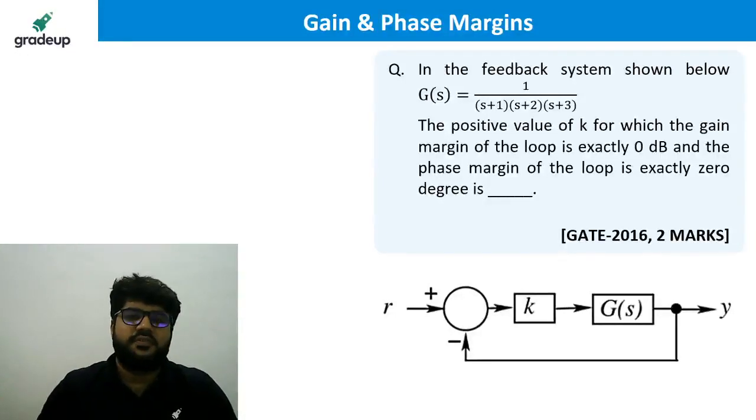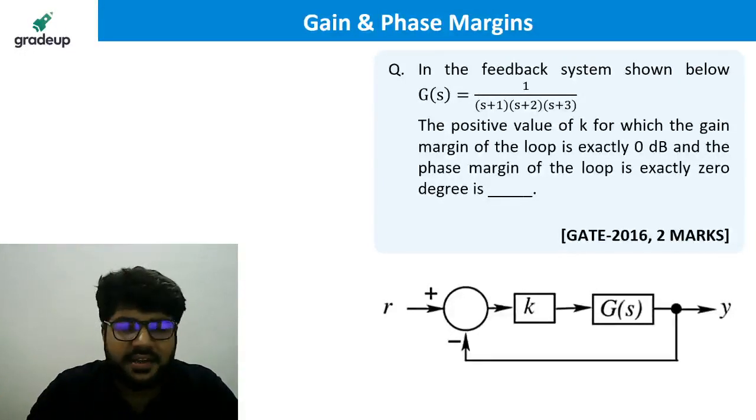The positive value of k for which the gain margin of the loop is 0 dB and the phase margin of the loop is exactly 0 degree.